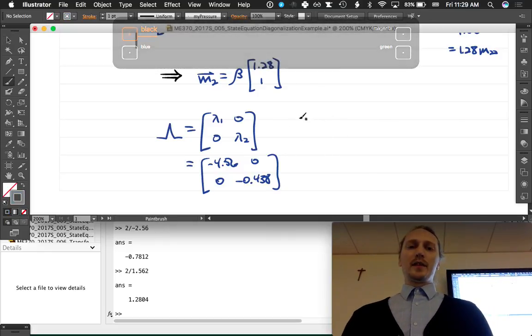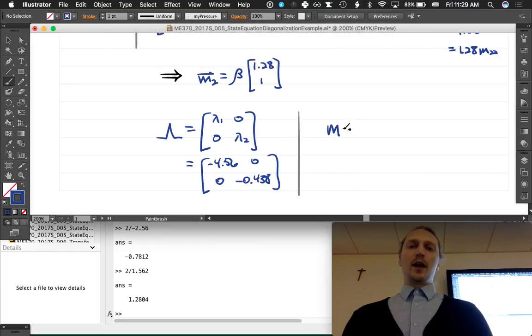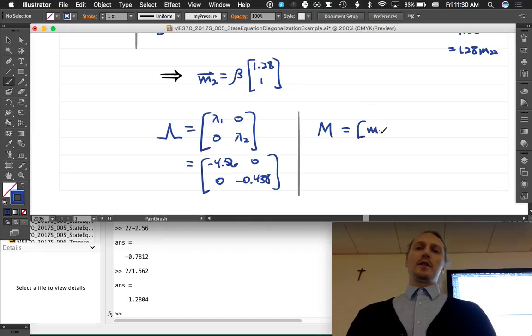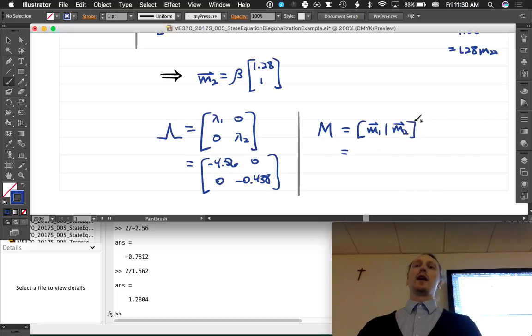And let's write beside it the modal matrix, or the eigenvector matrix. M is equal to, by definition, just all the eigenvectors put into the columns of the matrix, right? And we can do as many as there are. In this case, there are only 2. So we put them in.